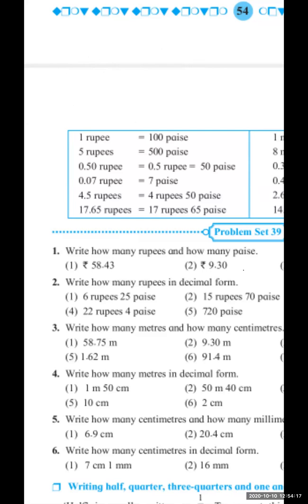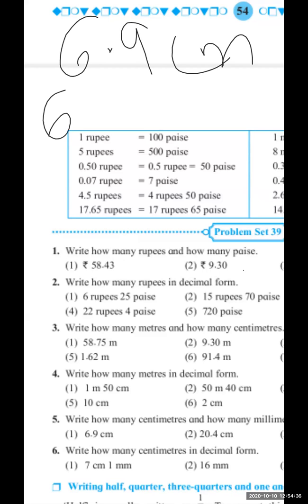Okay. Question number 4 done. Question number 5 भी same है. How many centimeters and how many millimeters? Now we are solving question number 5 and the first one is 6.9 centimeter. So here 6 is a whole number.